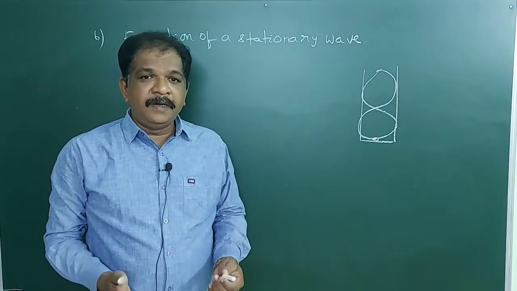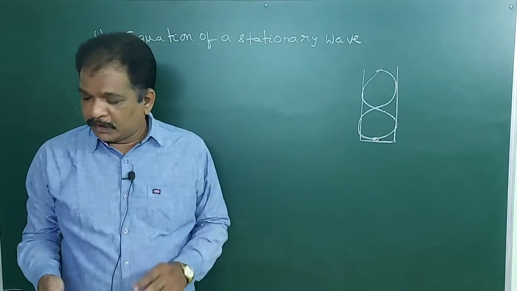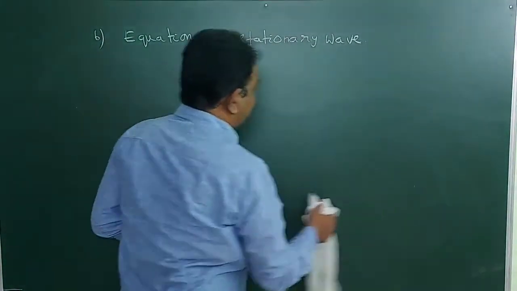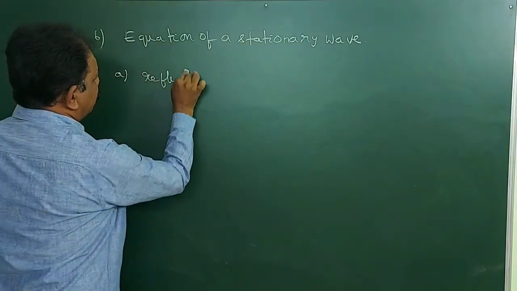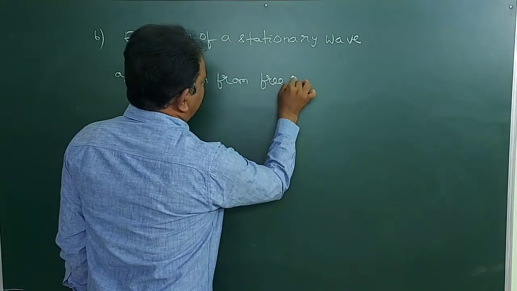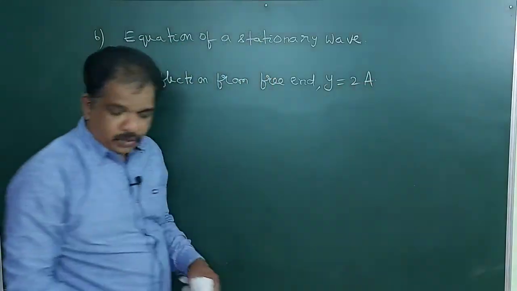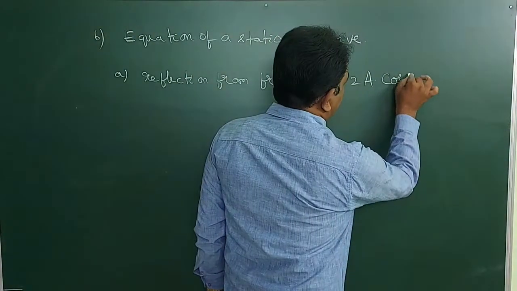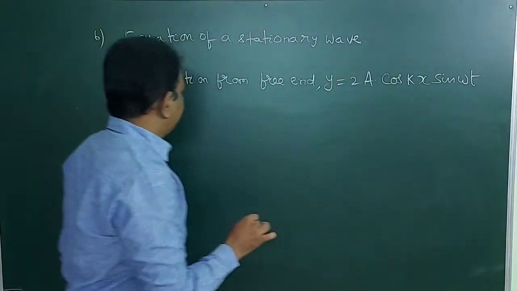At the open end, if the stationary waves are formed, what are the formulas for that? Okay. So first of all, reflection from free end: y = 2A cos(kx) sin(ωt).